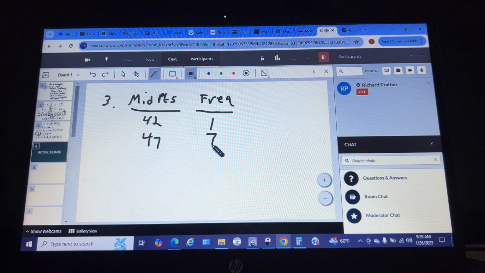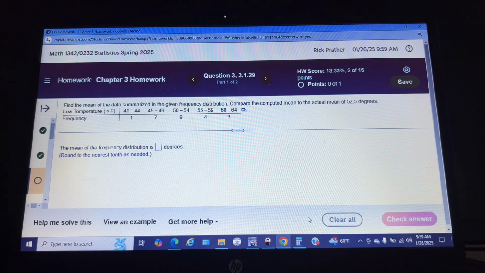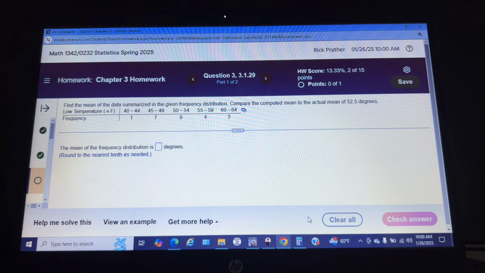So out of the 7 numbers between 45 and 49, there could be different ones. There could be some 45s, some 46s, some 47s, some 48s, and 49s. There's going to have to be some repeats, though, because there's only 5 numbers in that range, and we have 7 times that happened. But we have no way to know in this grouped data how many of each individual number happened.